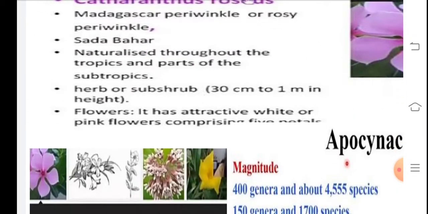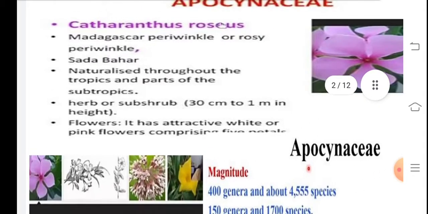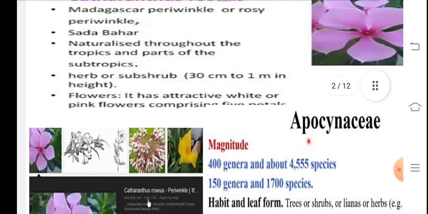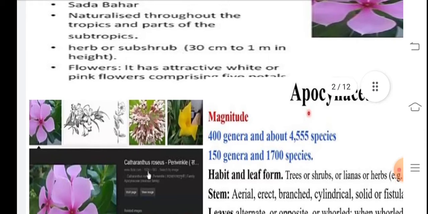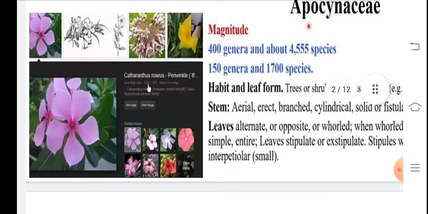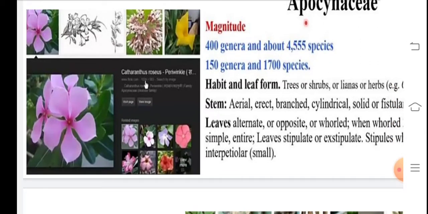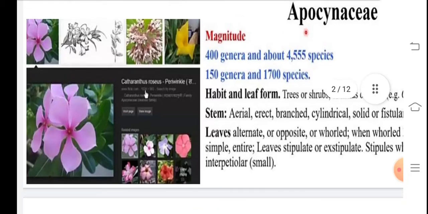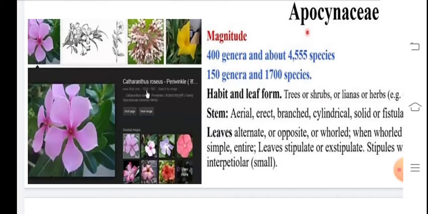Secondly, plants are herbs up to 30 centimeter, that is 1 feet, or up to 1 meter as per its natural distribution. Generally 400 genera of this Apocynaceae family are there, 4555 species. Out of this, 150 genera and 1700 species of this family are found in India.